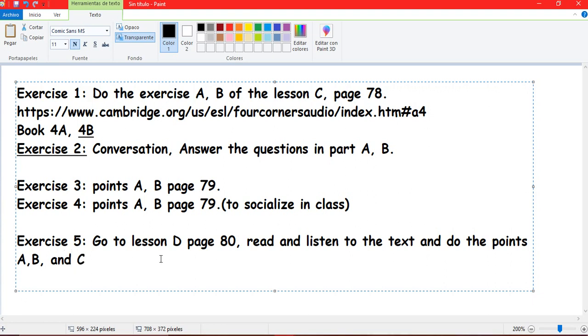The point C is to socialize in class. Okay, the point C is made to socialize in class.